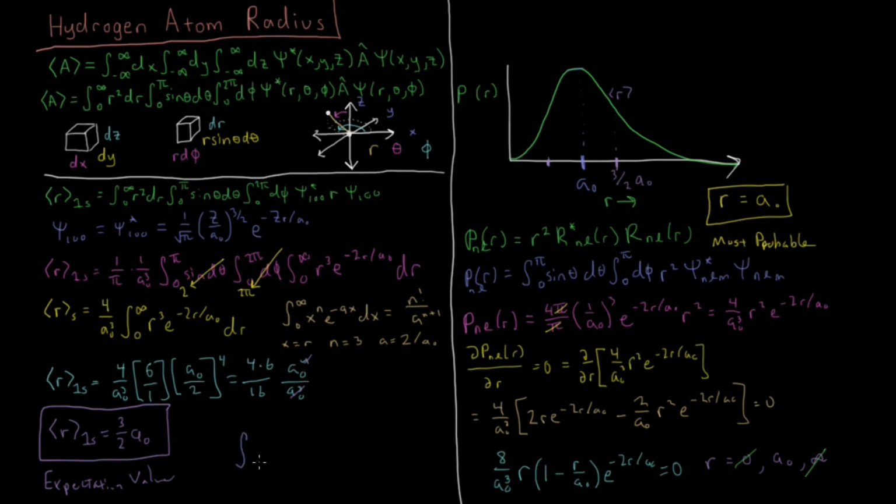So you could think about the integral from 0 to some big R of our radial wave function, R star nl, R nl, r squared dr, and setting that equal to some value p, like p is a 90% of the electron density being inside of it, or some other value. But you see, there are different ways that we calculate this radius. We end up getting different values.